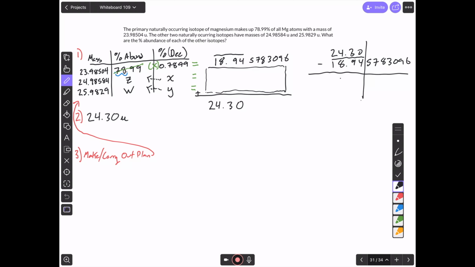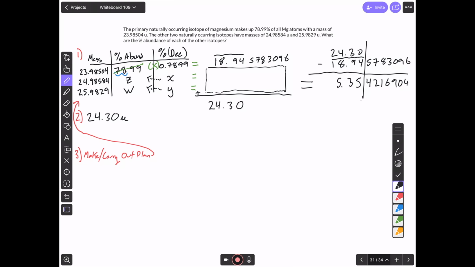So I get 5.354216904, and that's going to equal this box over here. Okay, so we've got this as simple as we can really get it for now.